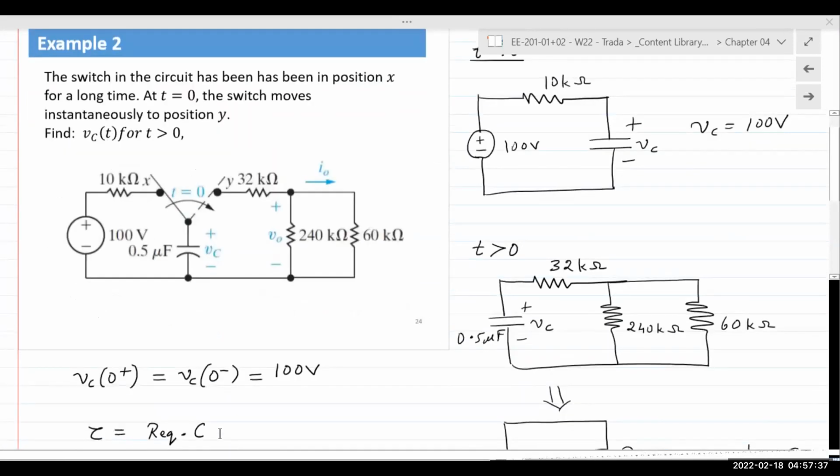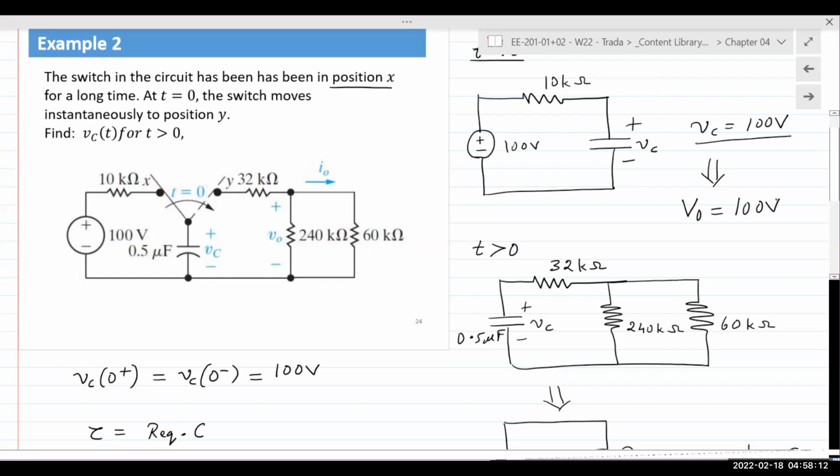The switch has been in position X for a very long time, which is right here. If we redraw the circuit for time t less than 0, we obtain the voltage source connected to the capacitor. Sufficient time has elapsed for the capacitor to reach steady state, and so the capacitor is fully charged to a value of 100 volts. From this, we can write that the initial value V0 is 100 volts.